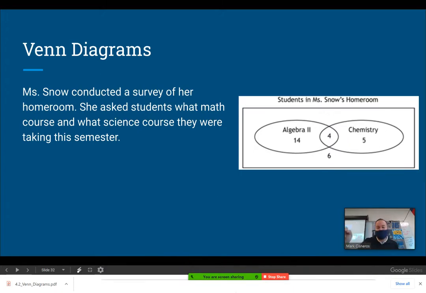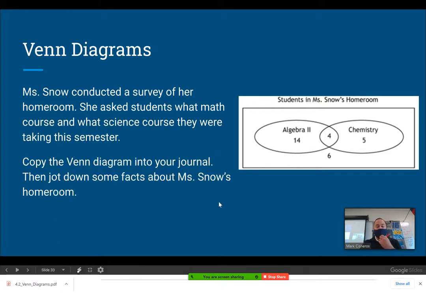Draw two ovals, put those two numbers in there and put algebra 2 and chemistry, or just A2 and C, on one side to have a Venn diagram. And let's talk about it. Okay. Ms. Snow conducted a survey of her homeroom. Homeroom's like advisory. She asked students what math course and what science course they were taking this semester, and these are the results. Okay. Again, don't be super fancy. Just put the two ovals, put the rectangle around it, put the four numbers. Okay.